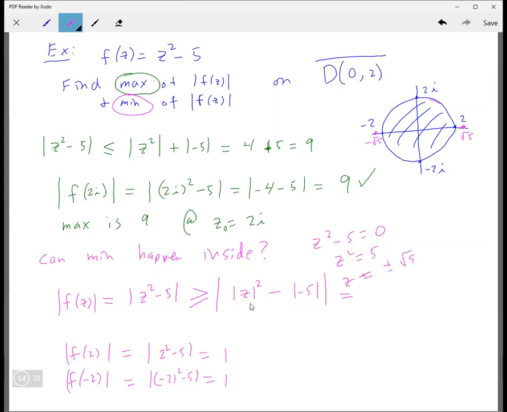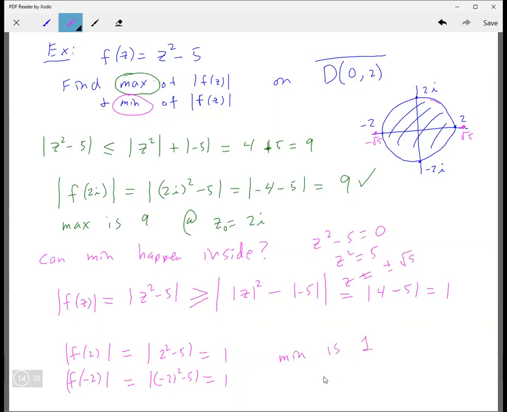Which this is going to be 4. And that's going to be 5. So by the triangle inequality, the smallest that you can be on this boundary here is 1. And we got something that gave us 1, so that's 1.